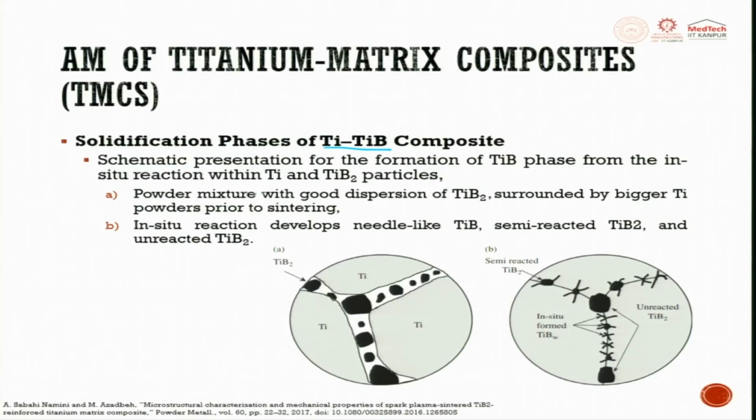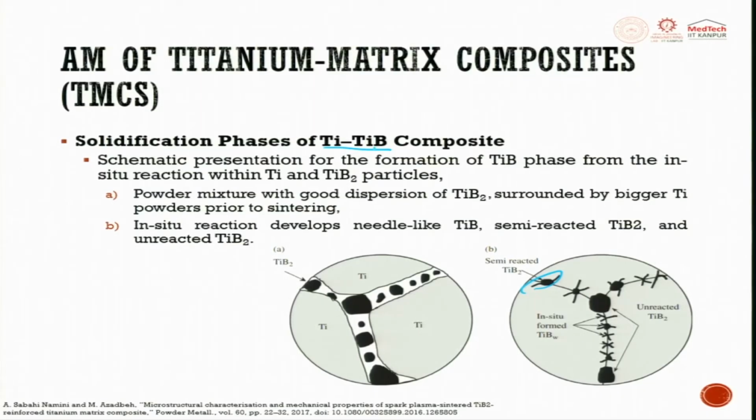The schematic representation for the formation of TiB phase from the in situ reaction between Ti and TiB2 particles is shown here. A powder mixture with good dispersion of TiB2 surrounded by bigger Ti powder prior to sintering is like this. Then during in situ reaction, needle-like TiB develops, and semi-reacted TiB2 and unreacted TiB2 are formed.